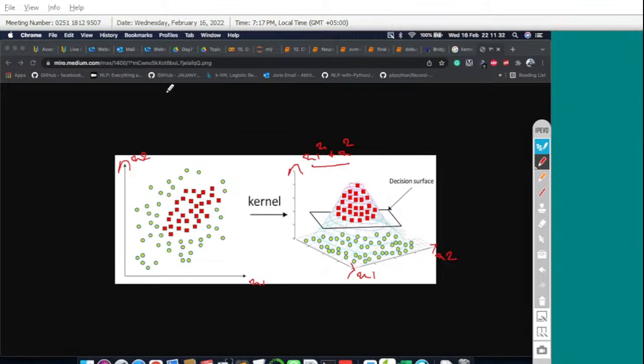This is called the RBF kernel, radial basis function. So this is what happens in the new dimension when the data is not separable.